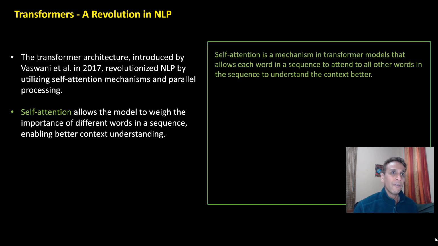What it means is, for example, I actually have an example in a second, but it's a mechanism in these transformer models where it allows each word in a sequence to attend to all other words in the sequence, meaning each word in a sequence has a meaning, right? In a sentence, every word has a meaning. There is a reason why you're using that word in that specific sentence.